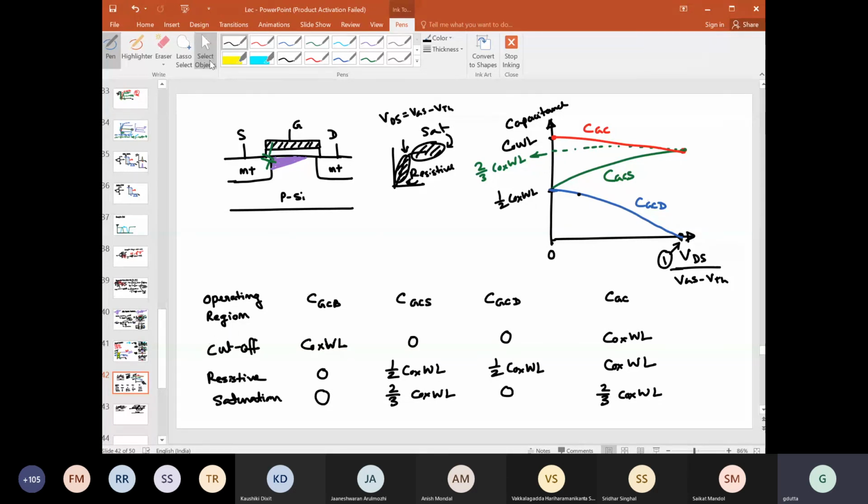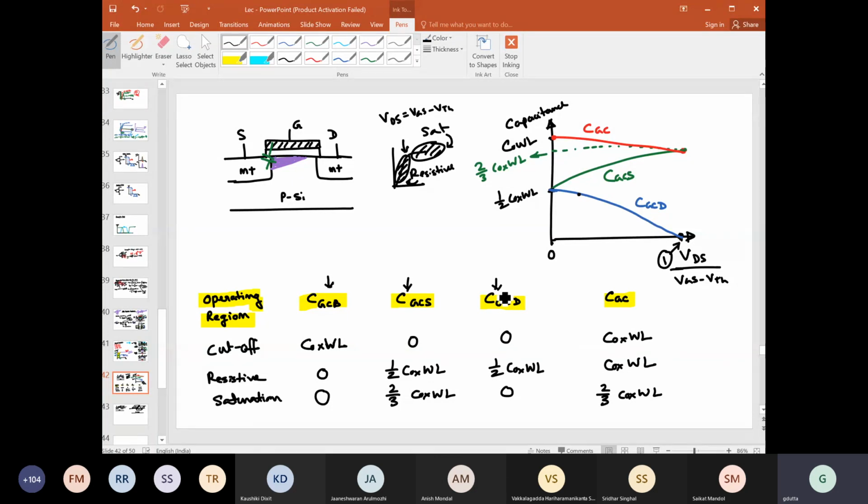So if we know the region of operation of a transistor, then from this analysis, at least quite approximately, we should be able to estimate what the gate to channel capacitance would be. We have seen that gate to channel capacitance has 3 parts, and we would be able to say the value of these 3 parts, right?